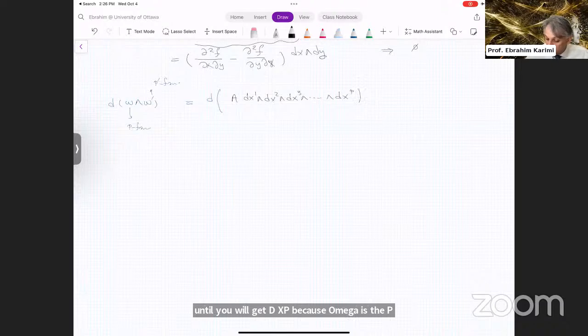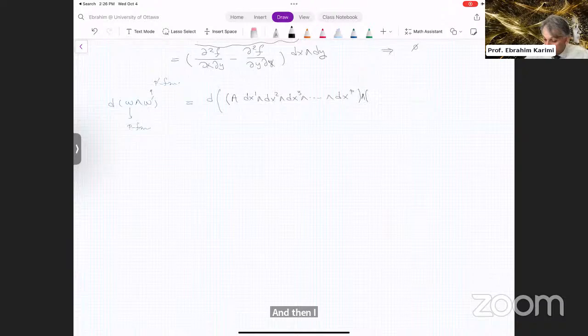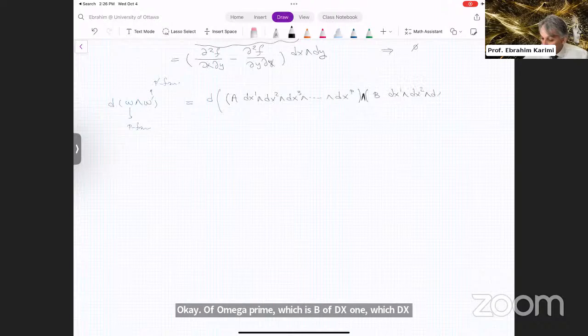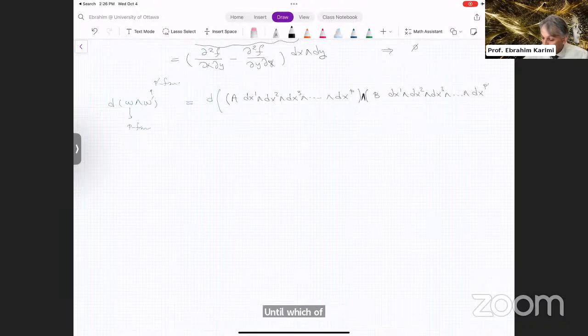Then I have the other term, omega prime, with a wedge product here, which is b dx1 wedge dx2 wedge dx3 until dxp prime.